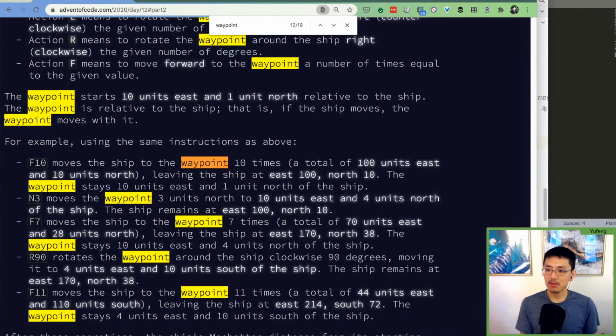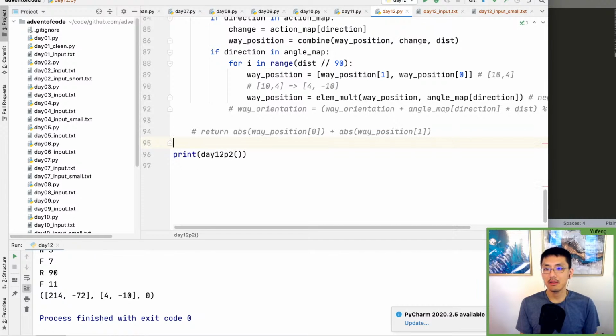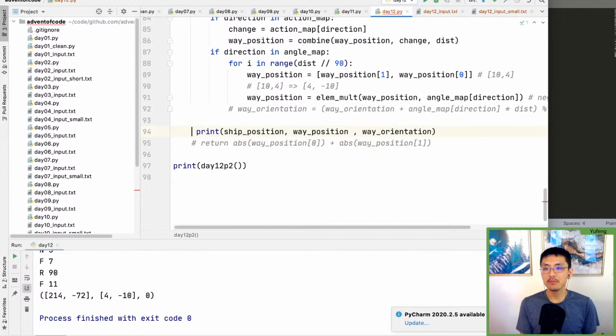And 214 and 72. Ah, nice, nice. All right, good. Let's just print that and do that. We don't want way position, we want ship position.